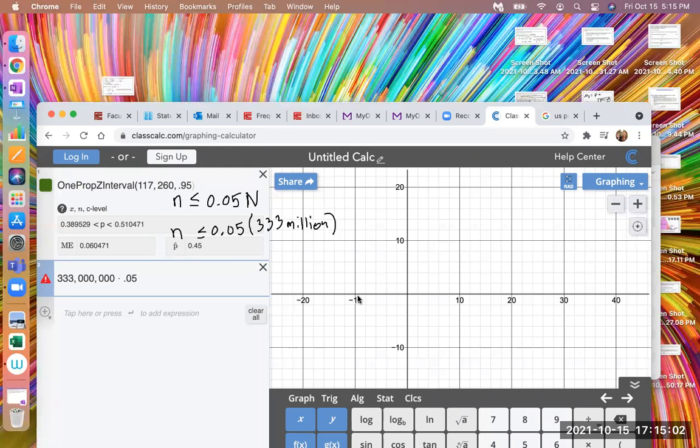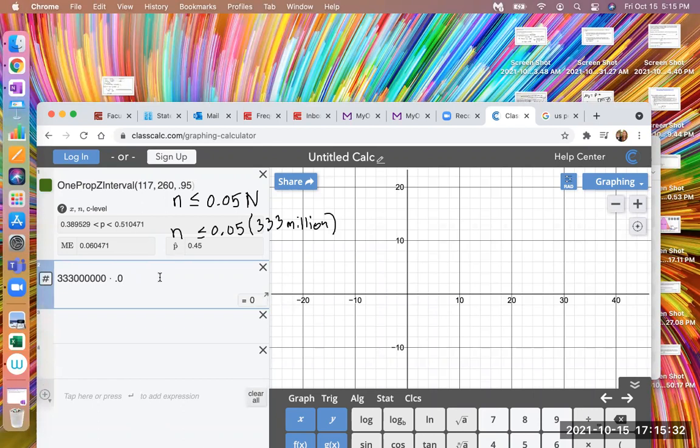Actually, I calculated what the US population actually is right now, and it's close to 330 million. I'm supposed to be multiplying that by 0.05. I don't think the calculator likes the parentheses. Okay, now it's giving me an answer.